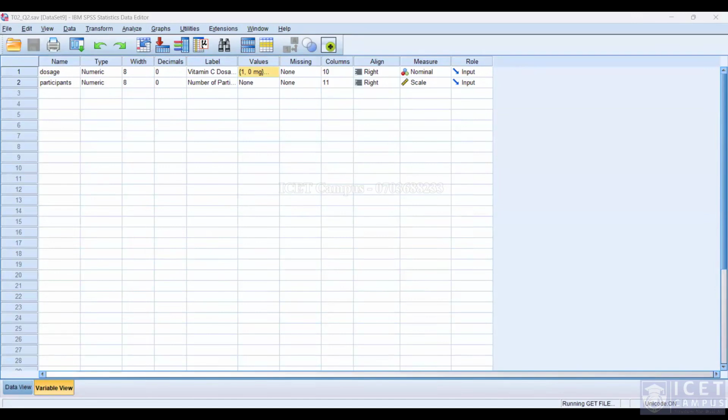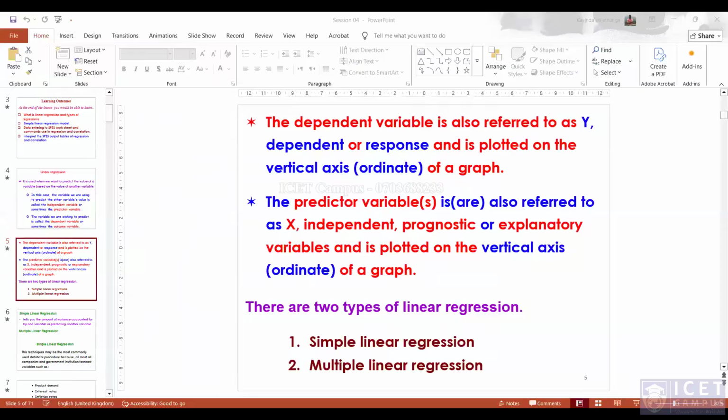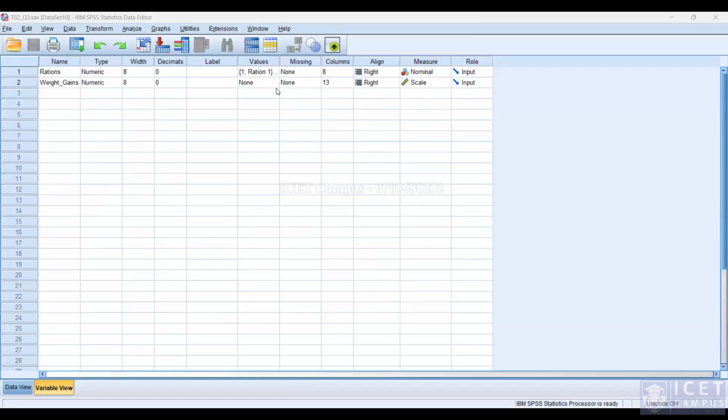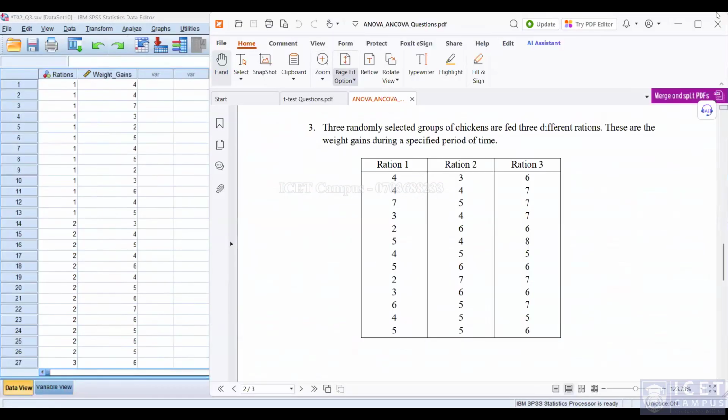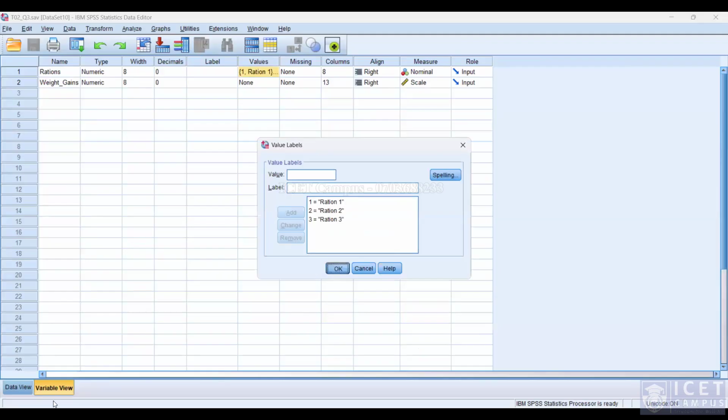Yeah, we can see here these weight gains. Right, weight gains are given here, and it is also mentioned here that ration 1, 2, 3 for rations 1, 2, 3. Right.